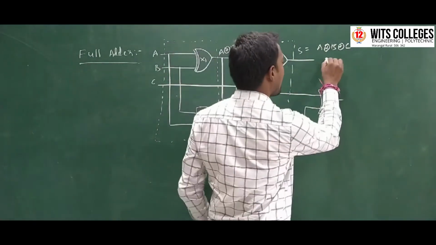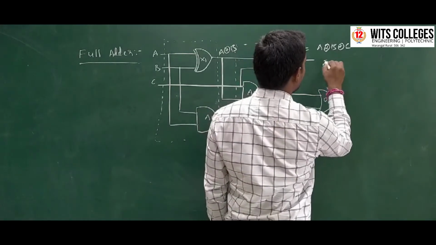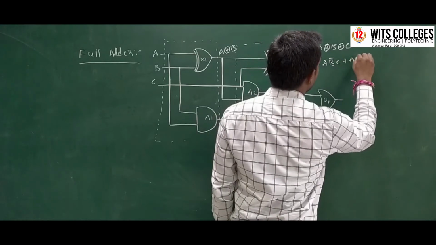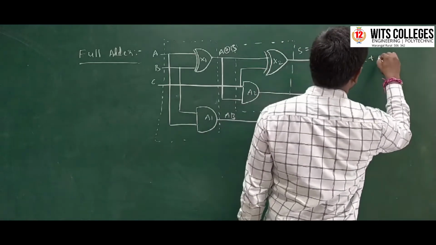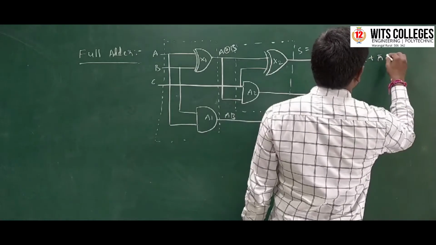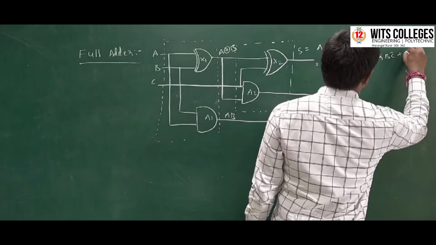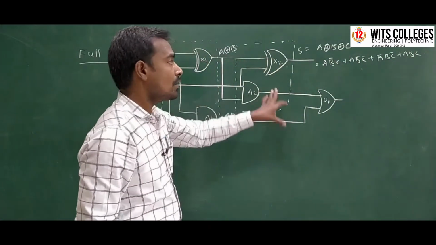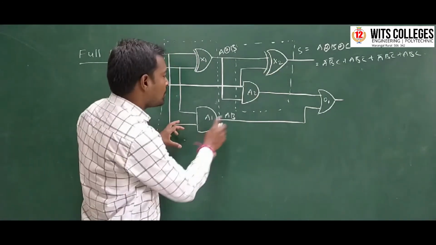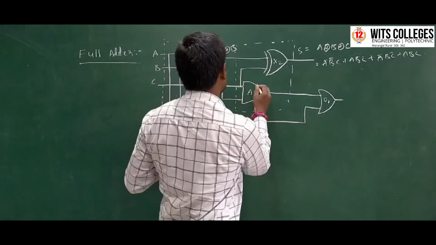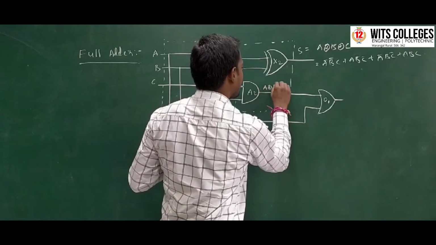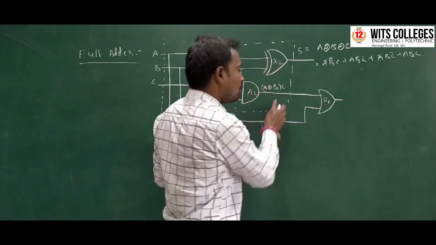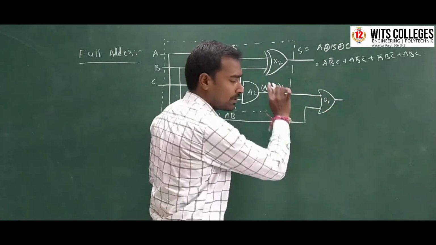That can be written as A bar B bar C plus A into B bar C bar plus A bar into B into C bar plus A B C. So this is the total output of sum. Coming to this AND gate, it gives the output of A exclusive OR B into C, and these two outputs are added together by using OR gate 1.